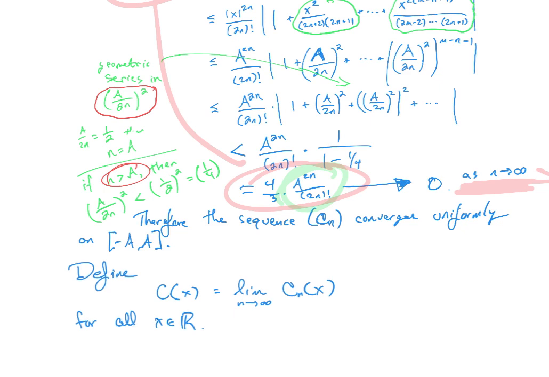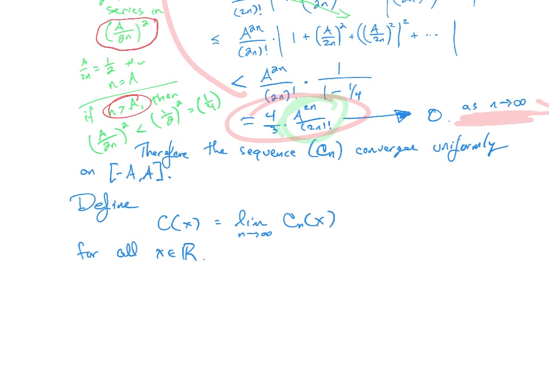Now we don't care that x is in the interval, because what we're saying is for any x that you want to define C of x at, just take your interval to be big enough that it contains x, and then you have uniform convergence, define it to be your limit there. Okay, now what carries over? All of the Cn's were continuous, so C of x is continuous.